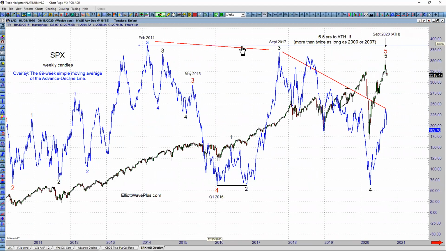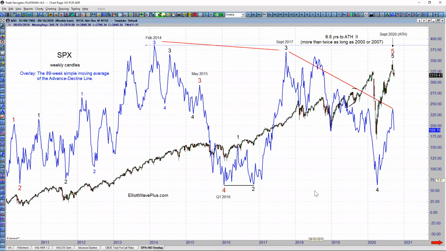So there was a divergence. The indicator did not make as high of a high there. And then look how weak the indicator was until the stock market made a new all-time high in early September of this year. So profoundly weak into that high, much weaker than the divergence into the January of 2018 high. And now this indicator has given way pretty solidly to the downside.